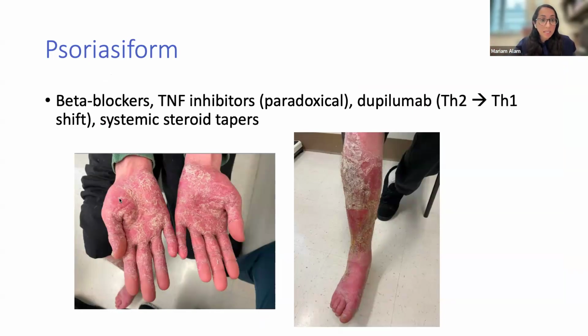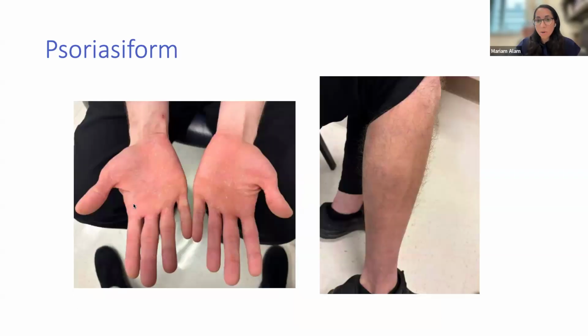And then systemic steroids are kind of a no-go in psoriasis in general. They actually make psoriasis worse, so they can also trigger psoriasis. This is a patient, not a geriatric patient, who has a psoriasiform rash from a TNF inhibitor that he was on for ankylosing spondylitis. We stopped the TNF inhibitor and treated him with other things, and he felt way better, which is great.